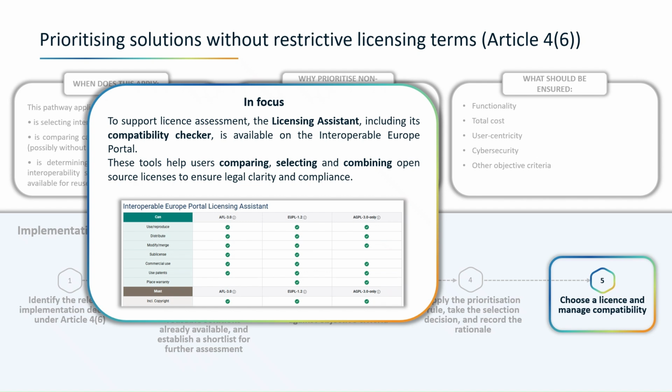In practical terms, this helps organizations manage licensing choices more clearly and reduce uncertainty when they want to reuse, adapt, or combine solutions. The key message here is that prioritizing non-restrictive licensing is not only a policy objective, it also requires practical checks, especially where several components, licenses, or reuse conditions may interact.